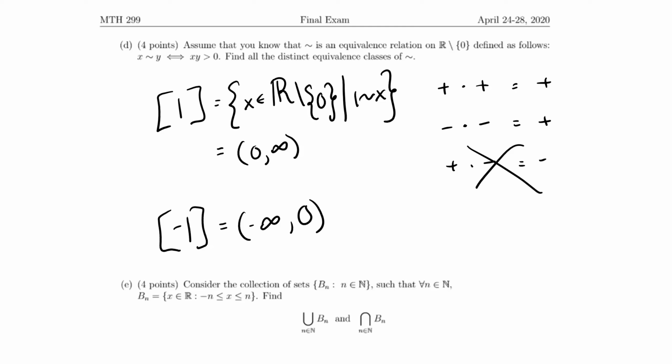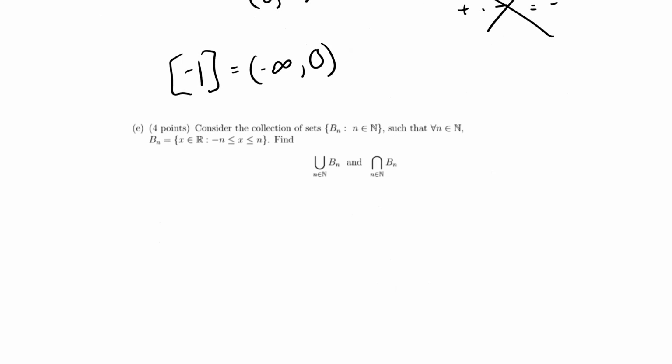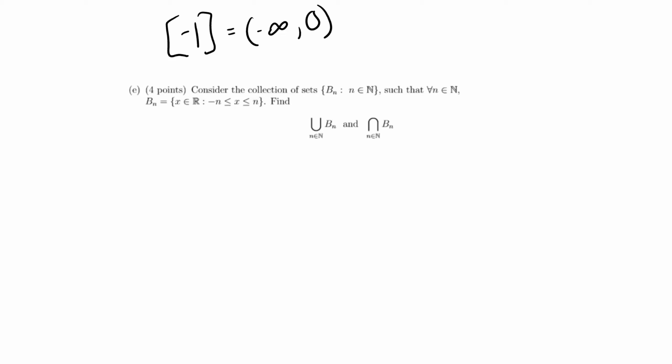Okay? All right. Consider the collection of sets B sub n, n in the integers, such that for all n in the naturals, B_n is that thing.